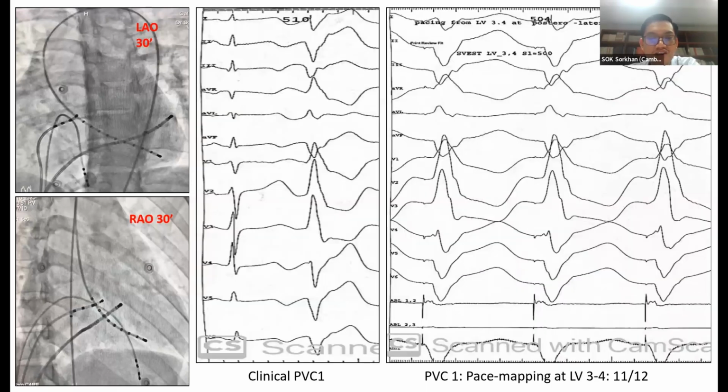And we did pace mapping at LV34, so we got maybe the same morphology as the clinical PVC. So we think it's the best location to do the ablation here at LV34.